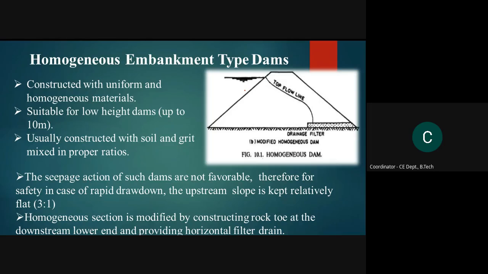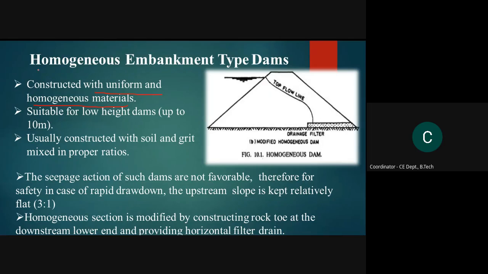It is not absolutely 100% assured that you can use the very same particle, but mostly homogeneous particles are used to construct this embankment type. It is most desirable. It is constructed with uniform and homogeneous material.